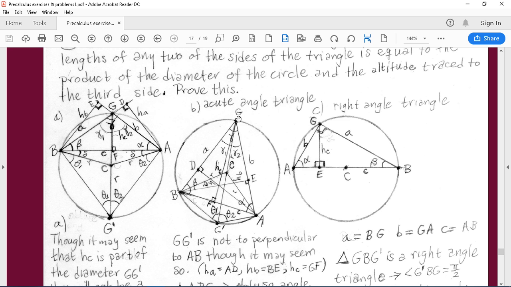And for triangle G prime GA, sine of theta 2 equals lowercase b over GG prime, that is b over D, or b over the diameter of the circle. Okay, we're going to continue this problem in the next video.